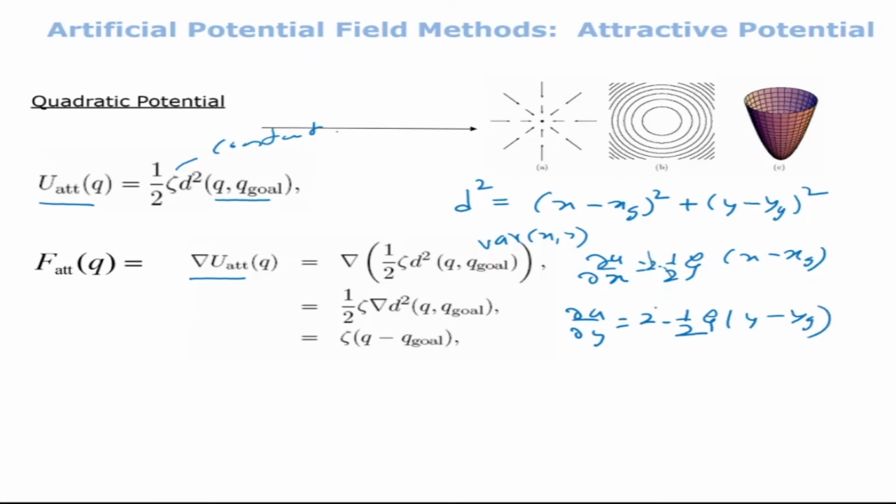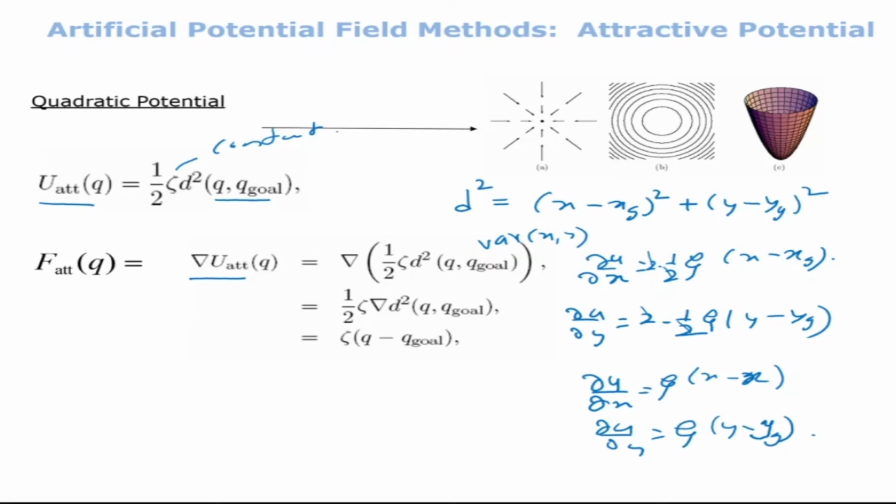So this 2 and 2 will cancel, and in either case we'll be left with du by dx equal to zeta into x minus x goal, and du by dy equal to zeta into y minus y goal.